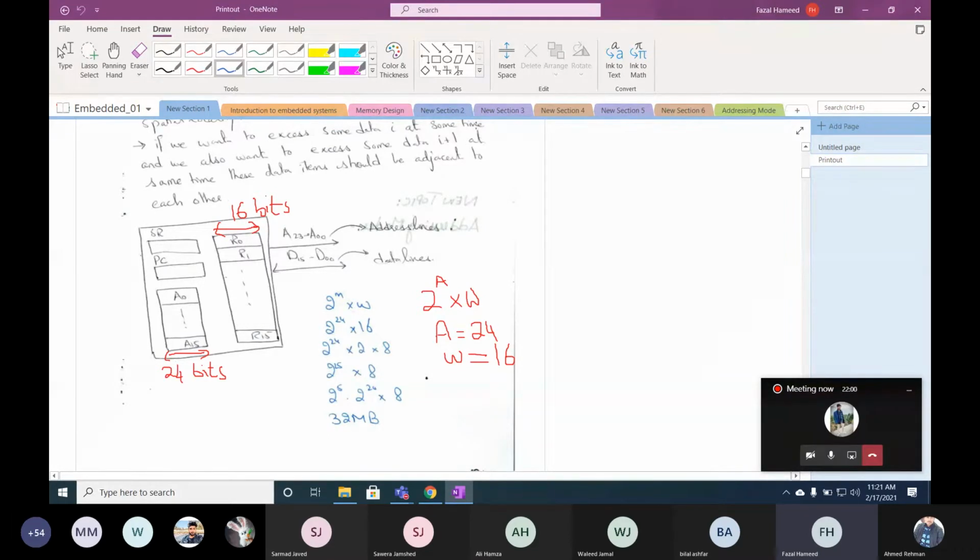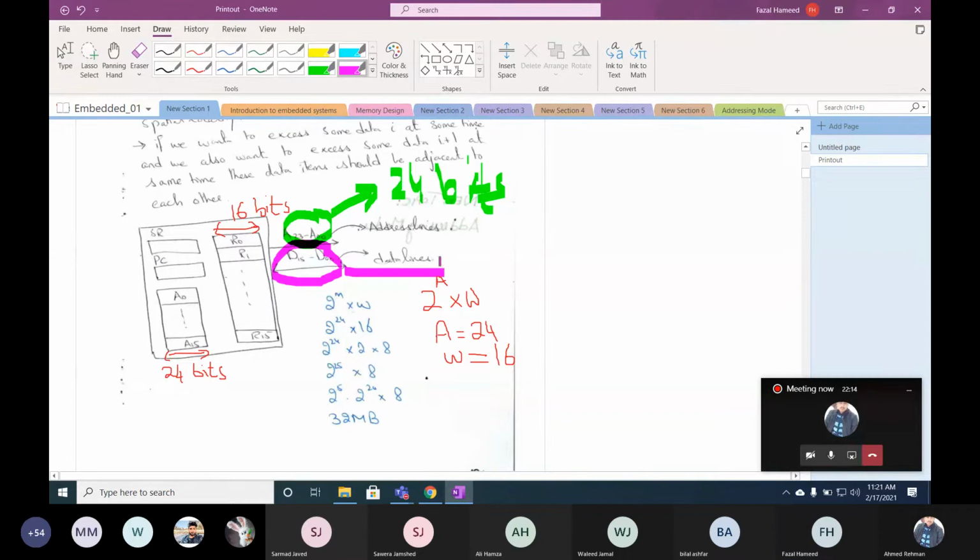The address lines are actually A. If you look at the address lines, it is 24 bits, and the data lines are 16 bits. Actually, I have written it from A23 to A00, which means that there will be 24 address lines.